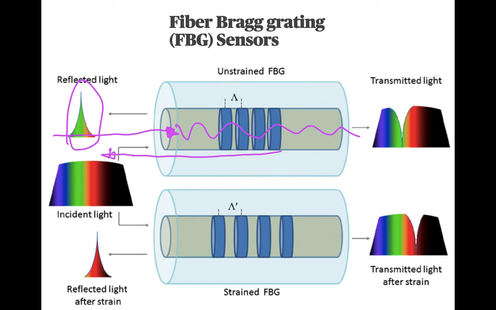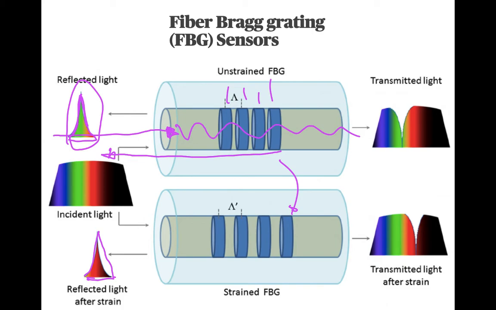And depending on these gratings, a different wavelength will be reflected. And what happens is when this section is stretched or compressed, this reflected light signature actually changes in wavelength. So, pretty cool stuff.